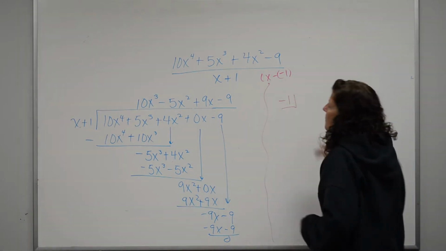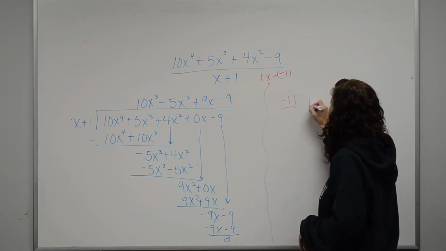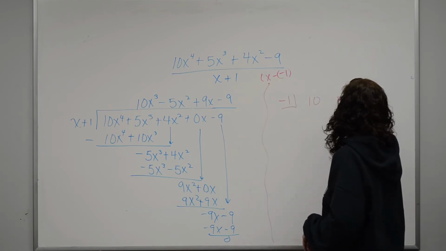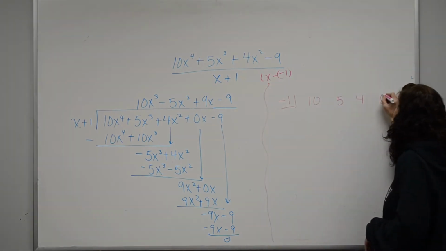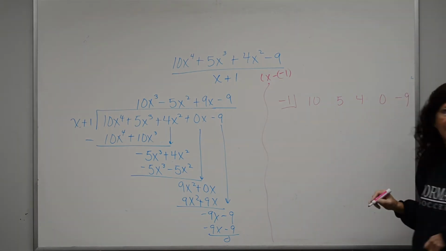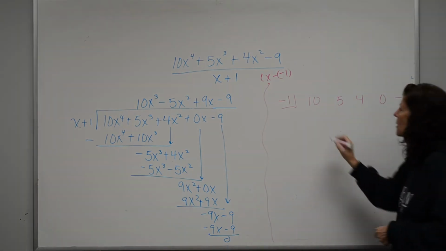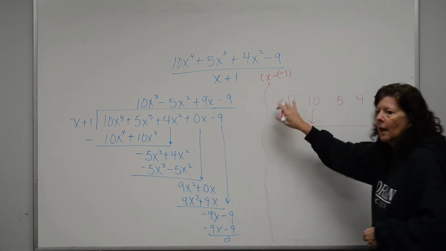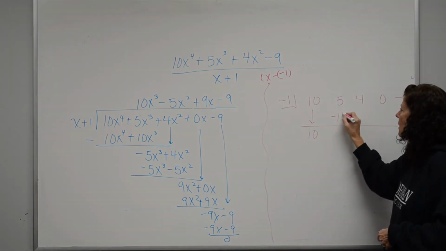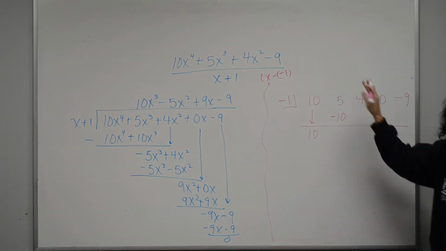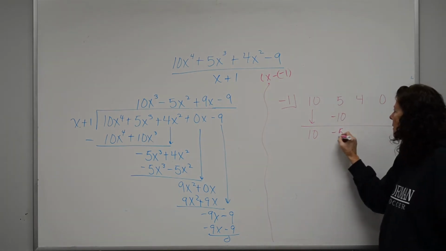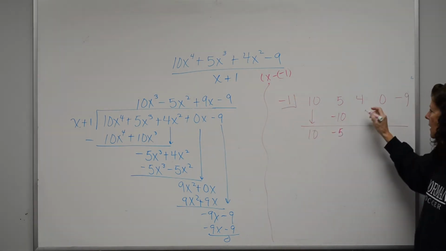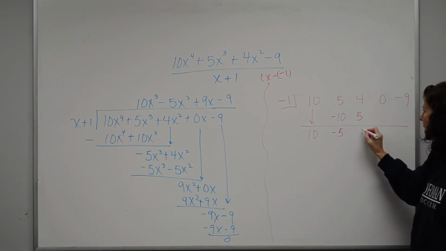Then I put all of my coefficients, 10, 5, 4, 0, and negative 9. I have to put that 0 in there as a placeholder. Remember, I bring the first one straight down. I multiply, and then I place, and then I add. Multiply, place, add.